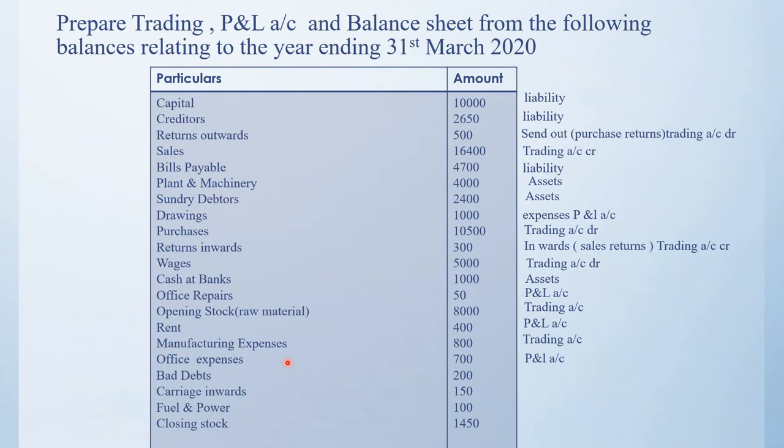Bad debts means, suppose a business gave 2 lakhs rupees to some person X. After a few days the business got to know that that person became insolvent, that is IP. Insolvent means the person who has more payments and less income.